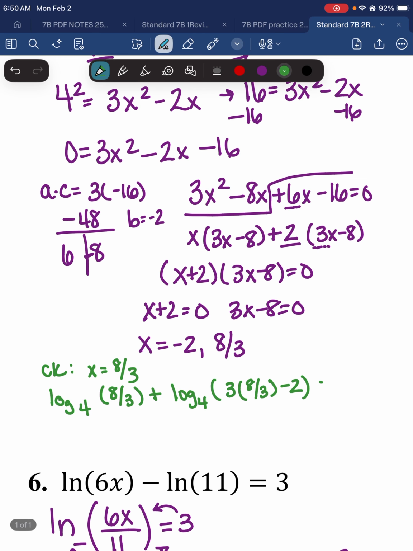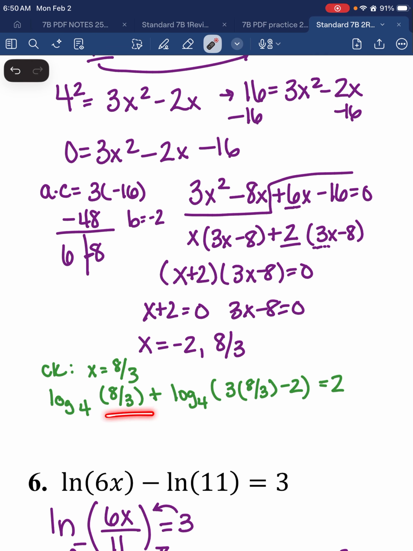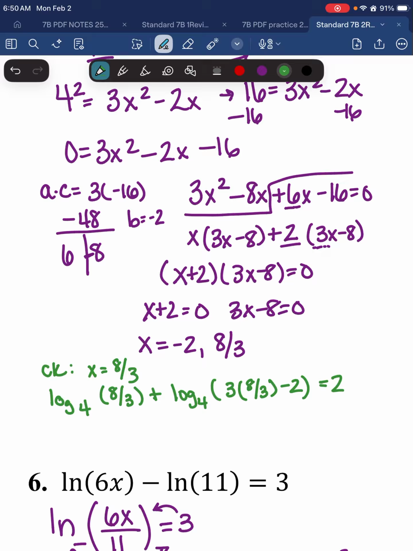So simplifying this also equals 2. I have no negative value here, and when I put this in my calculator, I have no negative value. So what I get is log 4 of 8 thirds plus log 4 of 6 equals 2.